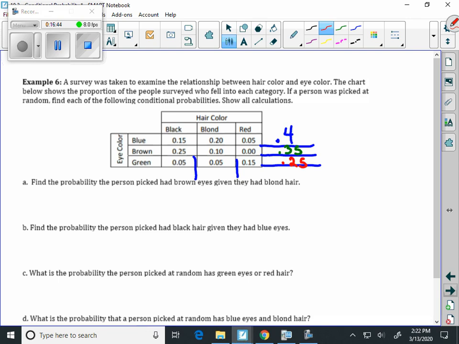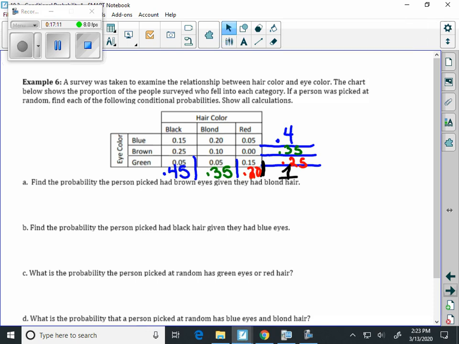When I added those all up, I hope that it adds to be 1. Looking at the black hair color, when we add those up, we get 0.45. The blonde hair color is 0.35, and the red hair color is 0.2. And again, that should add to be 1.